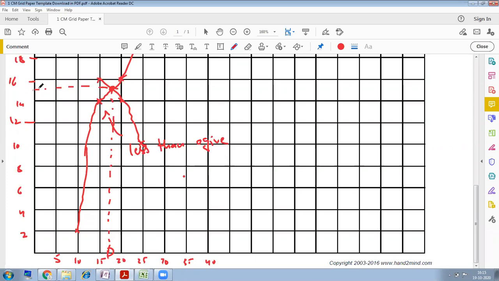Suppose I want to find out with only one graph, what value do I have to consider?